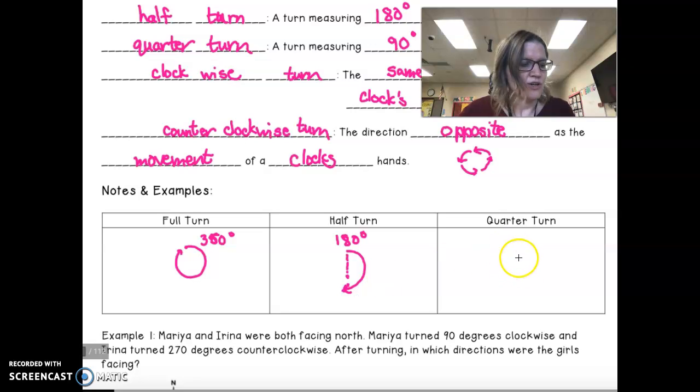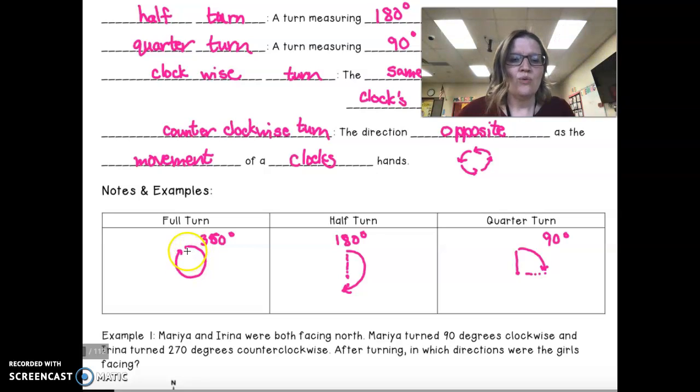And a quarter turn is, here we go. This is where we start. We're right up here and we turn and we go like this. And this is a 90-degree turn.